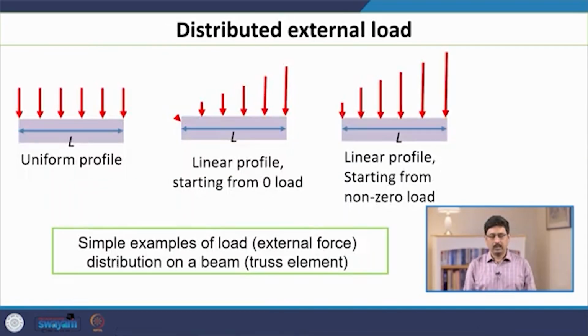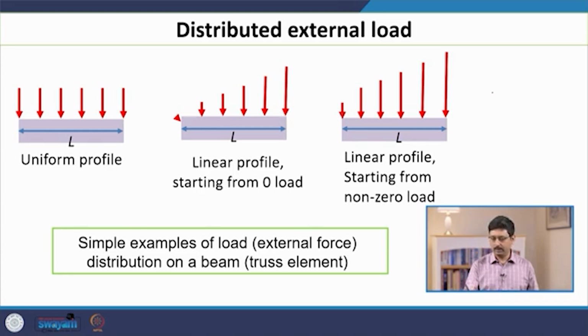Now, we want to discuss another important point about the truss. So far, in the problems that we worked out, we assumed that the external loads act at a single point.